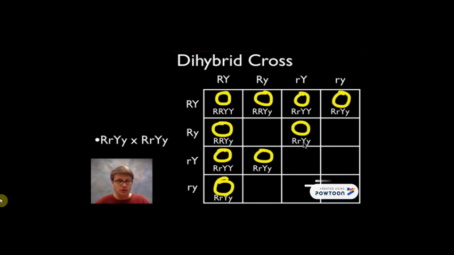Let me try to add the next ones. What about these next ones? The next ones are going to be round and green, so let me get a different color. These ones are going to be round and green because the round is dominant, but they don't have the dominant for the yellow. Let's add the next ones. These ones are going to be wrinkled and yellow.